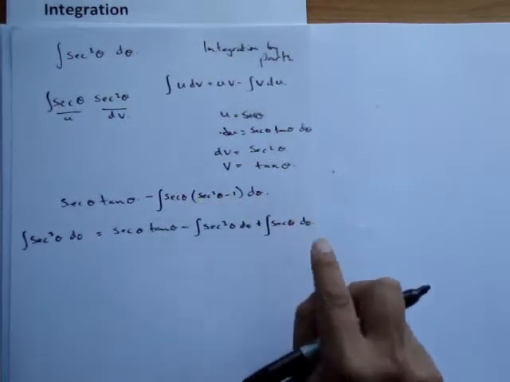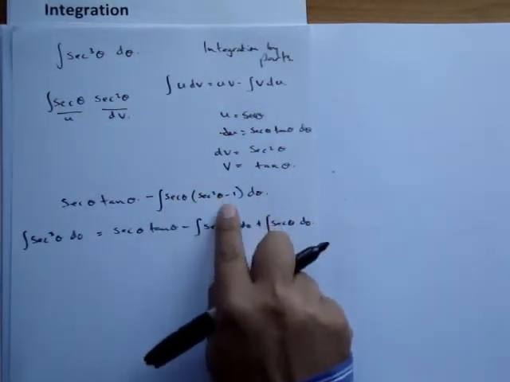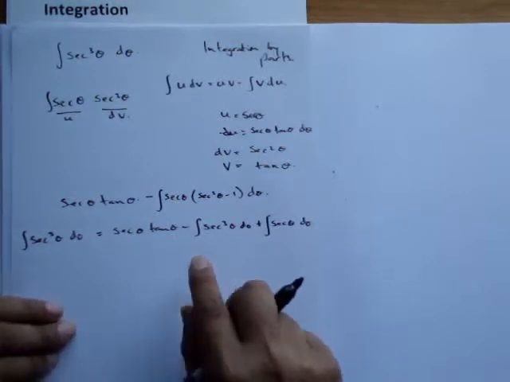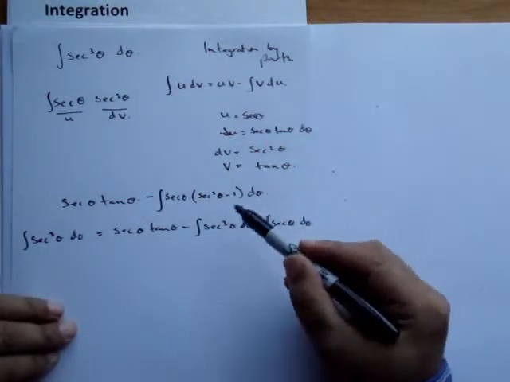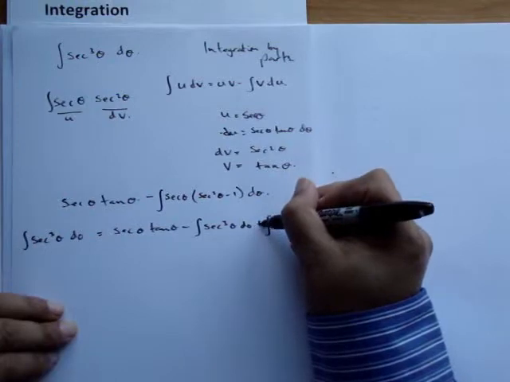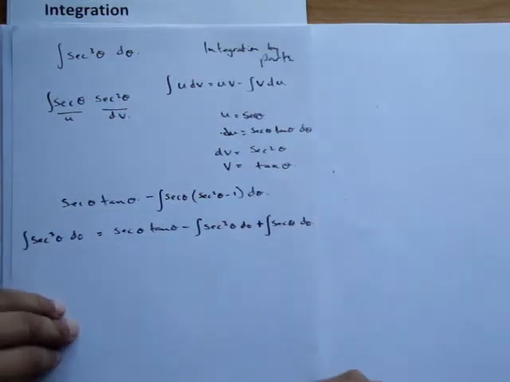When we multiply out, when we distribute the secant theta, that's what we get. We also have to distribute our minus sign, and that changes this to a plus.